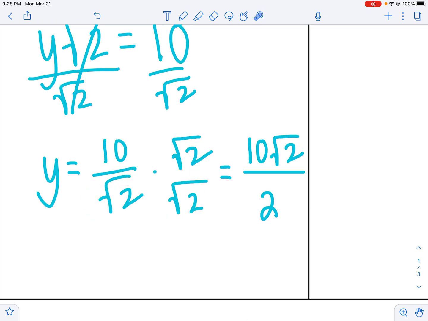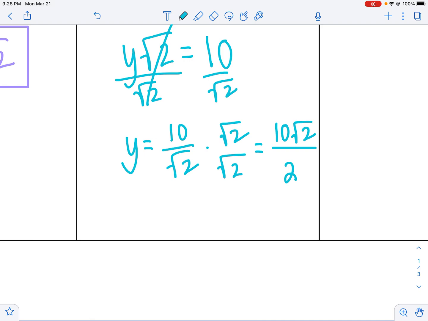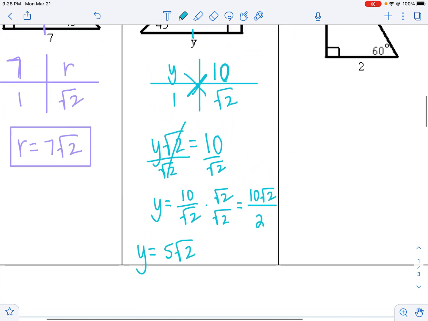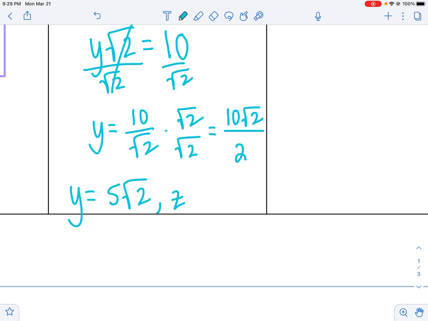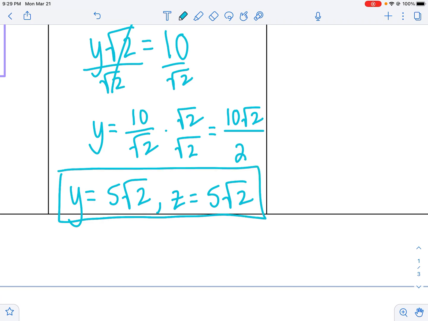I don't have a radical in the bottom anymore. There's just one thing left, and that's look at what's outside and ask yourself, what is 10 divided by 2? Well, 10 divided by 2 is 5, so I'm going to rewrite my answer. I'm going to say that y equals 5 root 2. And back up, well, y was the same as z, so if y equals 5 root 2, then z would equal 5 root 2. That's it.